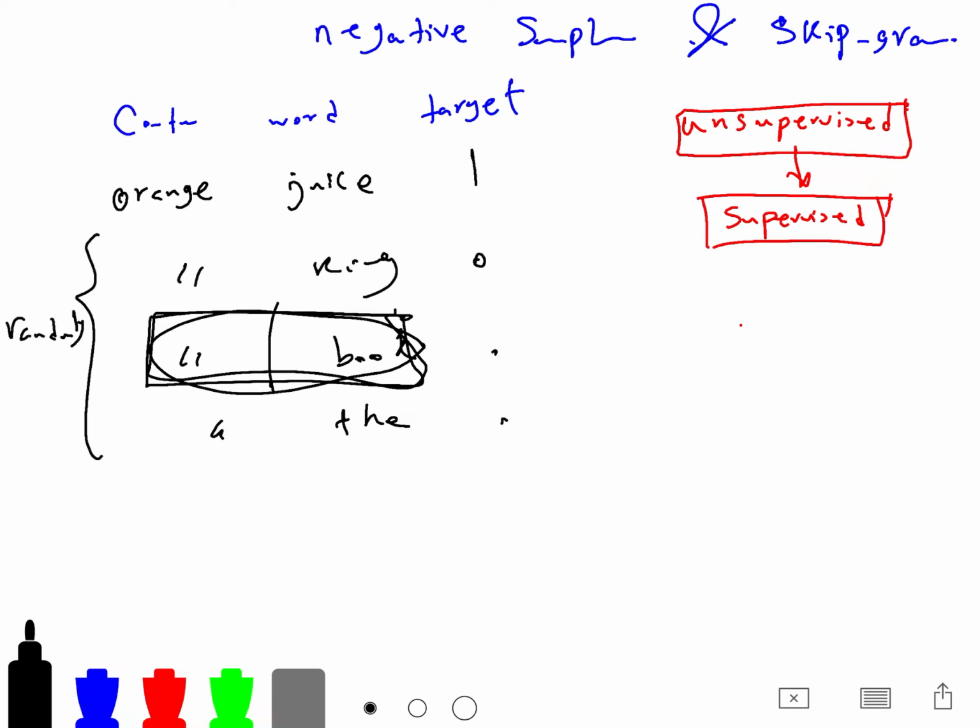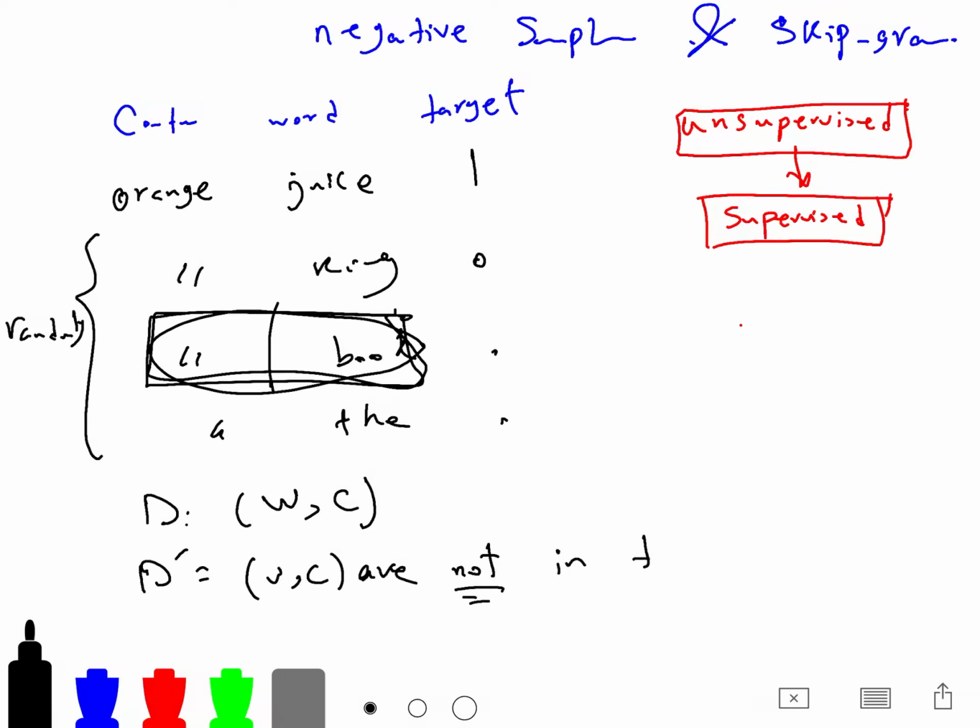So these are out of the corpus. As I said, the trick is to define two sets. D is the set of all pairs W and C, and we make sure you can discriminate from random adversarial words out of D that are in the text. D prime is just the set of all pairs that are not in the text.